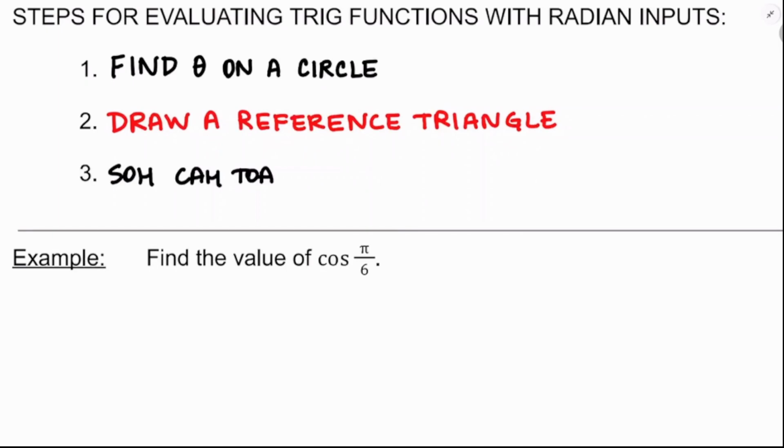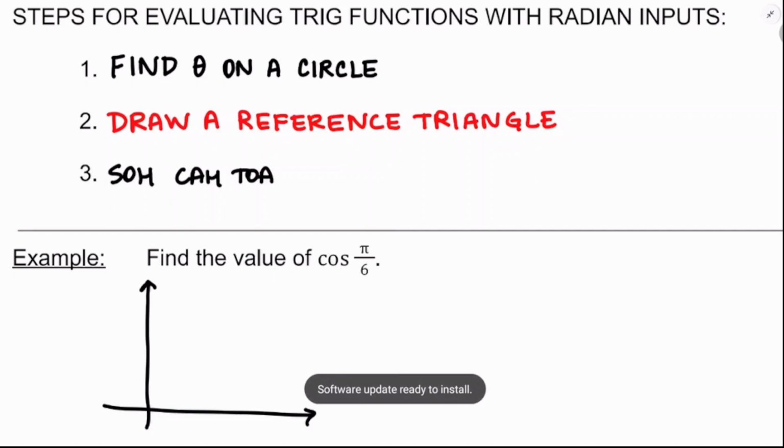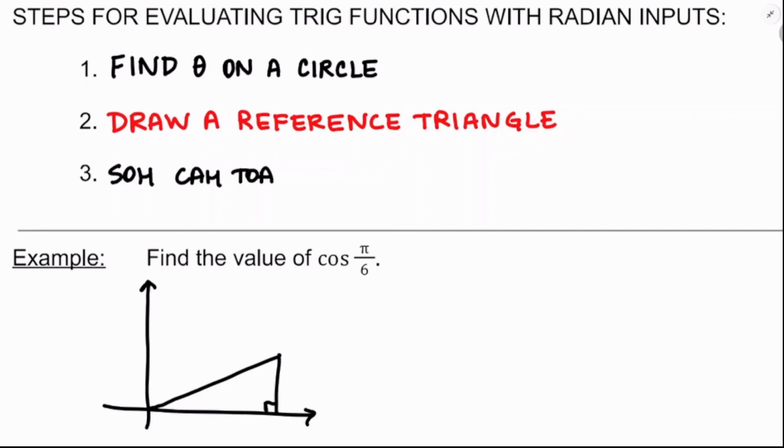For example, if we were asked to find the value of the cosine of pi over 6, we would find pi over 6 on a unit circle. So there's x and y. Pi over 6 is a 30-degree reference angle. And we draw ourselves our reference triangle. Pi over 6 is equivalent to 30 degrees.